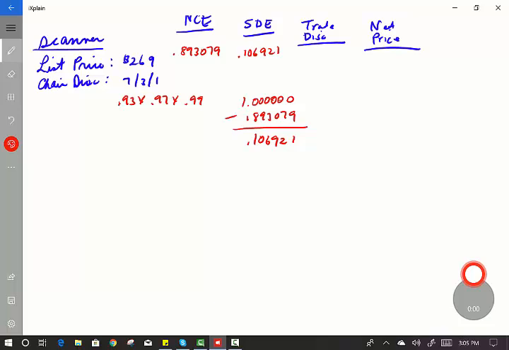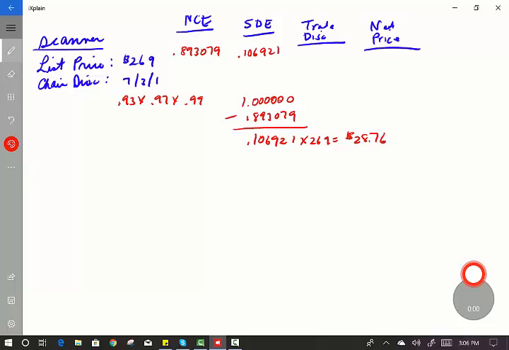And then the trade discount amount is calculated by taking the single discount equivalent of .106921 and multiplying that times the list price of $269, and that will equal $28.76.